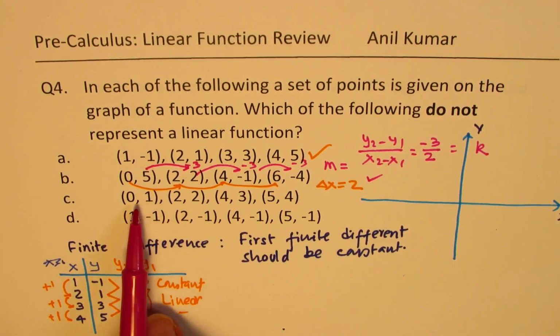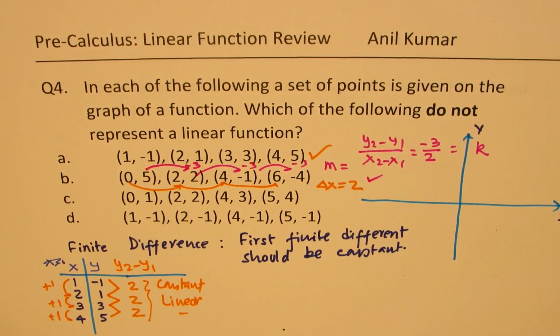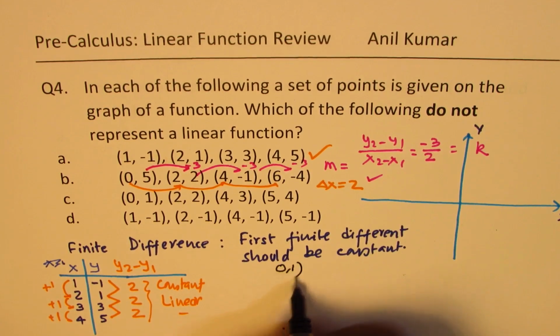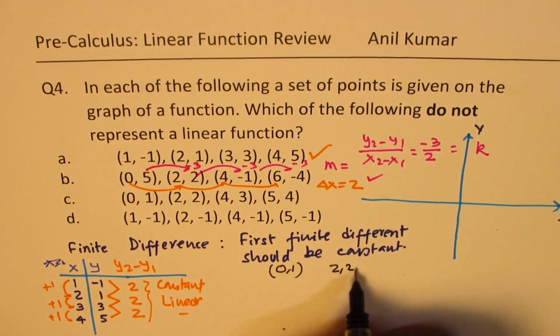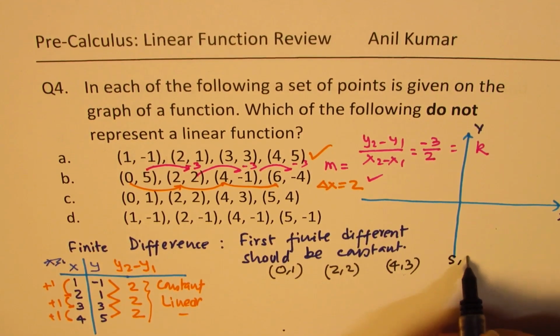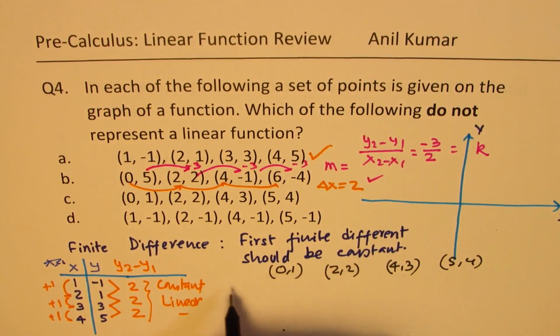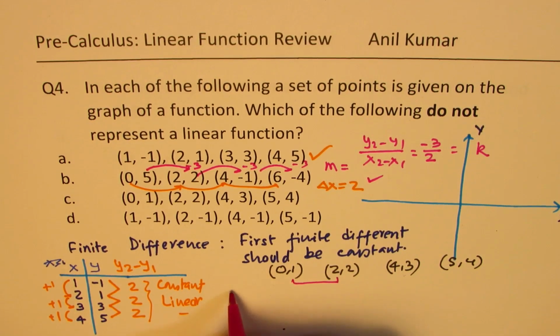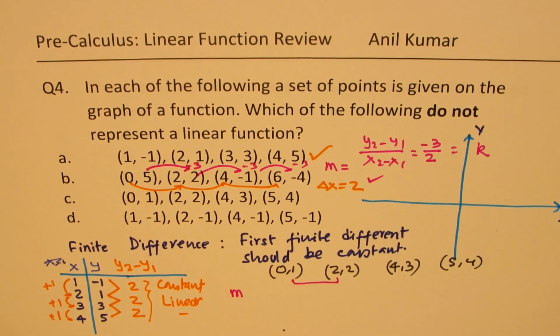Now let's check the last one here. Let me write down the values: 0, 1, and then 2, 2, 4, 3. I'm also using different methods to explain this. Let's find the slope between the first two points: m equals y2 minus y1 over x2 minus x1, since the slope should be constant for a line.